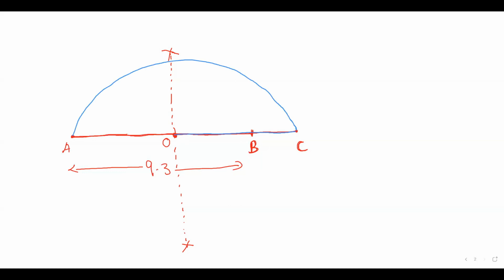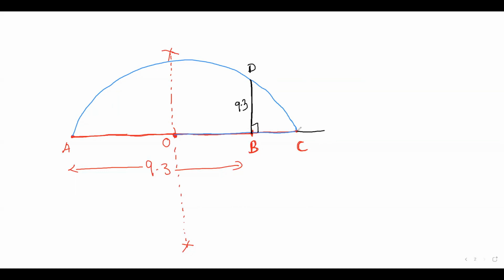Now, after drawing the semicircle, draw a perpendicular making 90 degrees from B onto the semicircle. This is a perpendicular drawn from B touching the semicircle at D. Now you can notice that this BD is root 9.3.